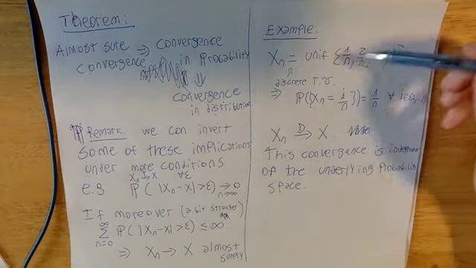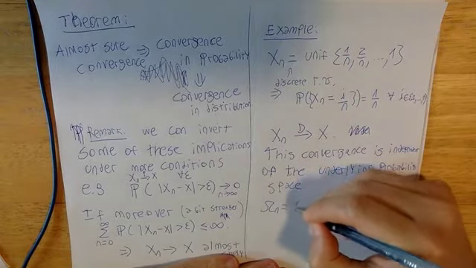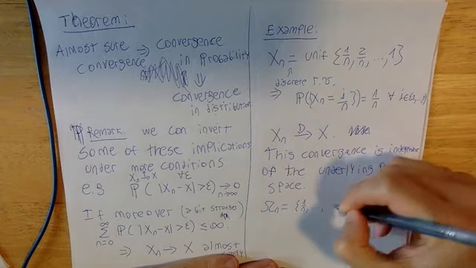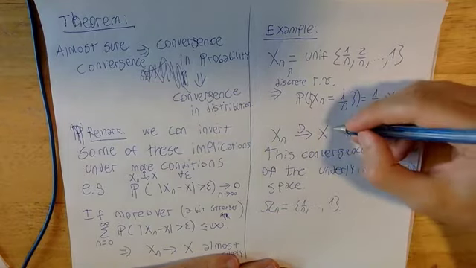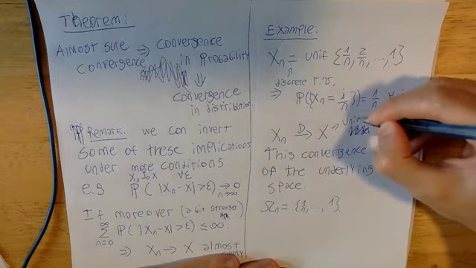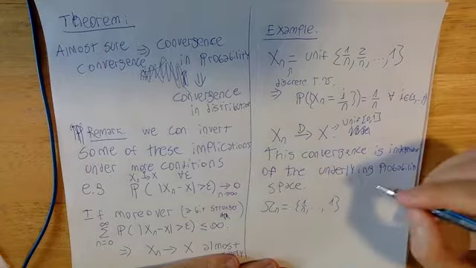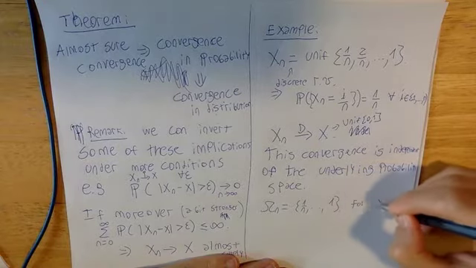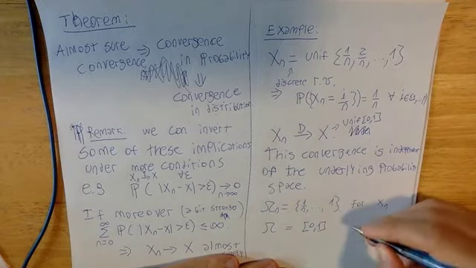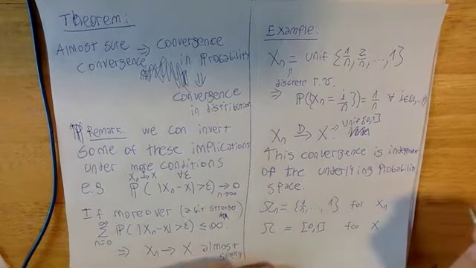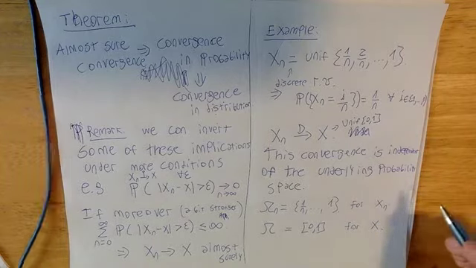So Xn, for instance, can be defined in omega n, which is equal to 1 over n through 1, and X here is going to be uniform in 0, 1, and X is defined on omega equal to 0, 1. So this is a continuous random variable and this is a discrete random variable.